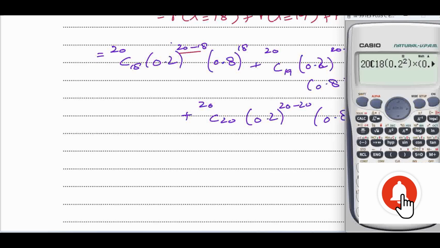So square into 0.8 power 18, so like 20 shift C18, so this will be 190 multiplied by 0.2 square multiplied by 0.8 whole power 18. सेपरेटली करेंगे तो this will be equal to 0.136909.